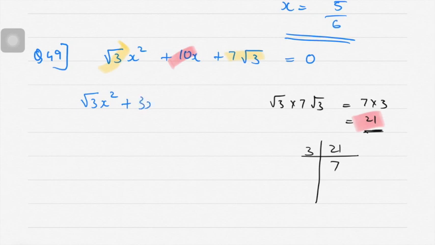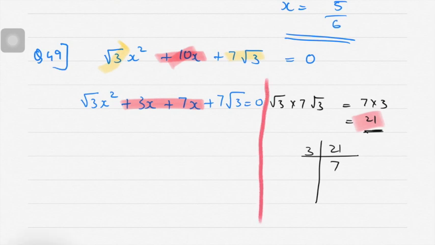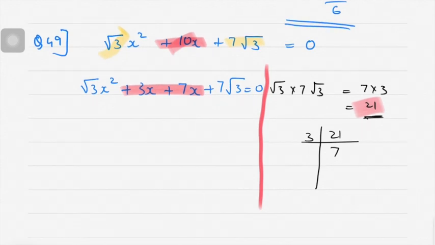So I'll write the equation root 3x square, and instead of writing 10x, I'll write plus 3x plus 7x plus 7 into root 3 is equal to 0. What I have done is, instead of writing plus 10x, I have written 3x plus 7x. That's it.